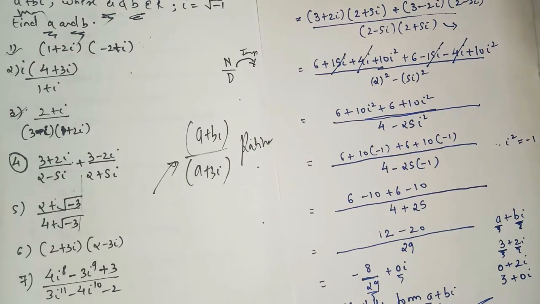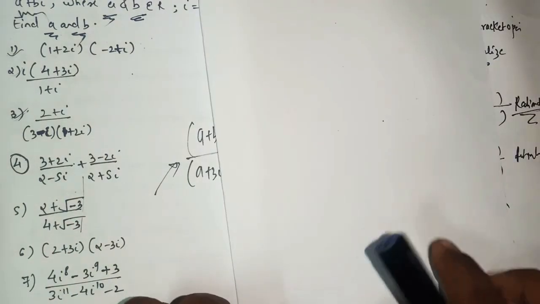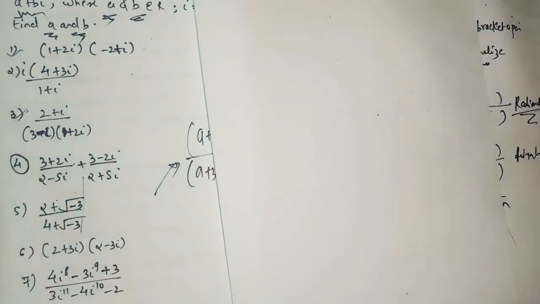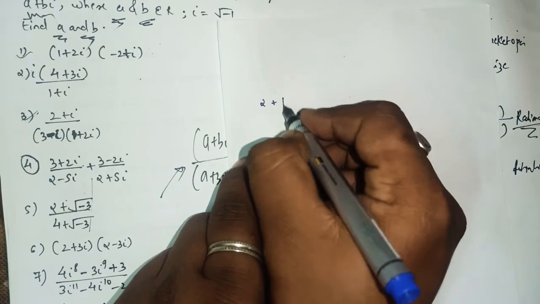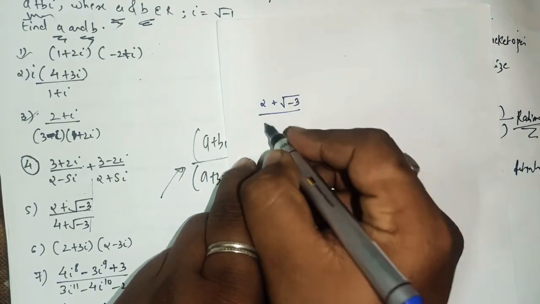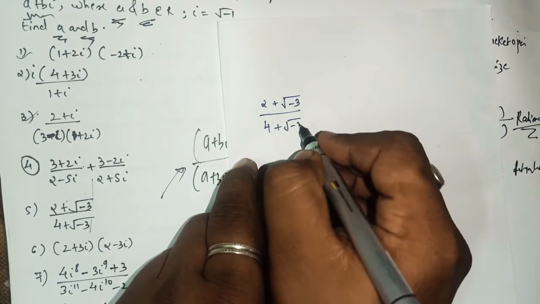So here the next sum, please try it by yourself, this one. Okay, now first thing is what? You have to remove this negative part. So here 2 plus root minus 3 upon 4 plus root minus 3.